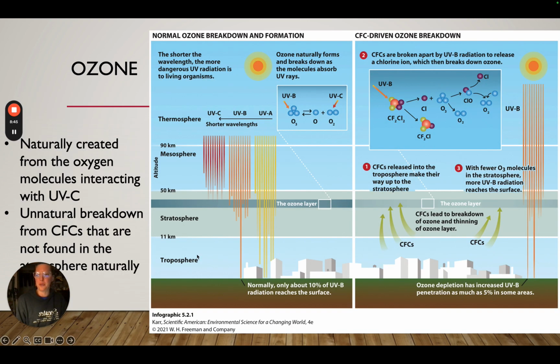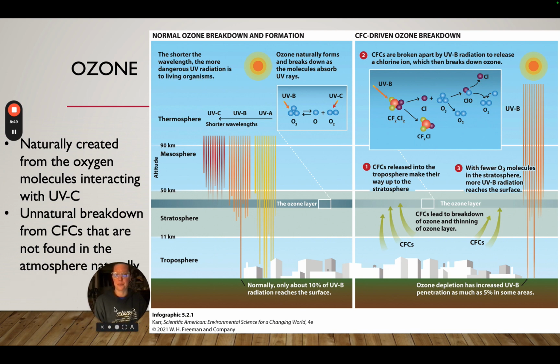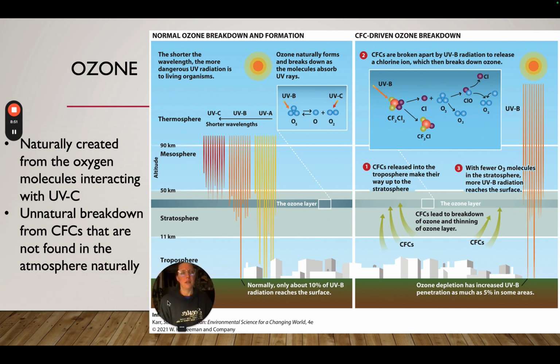Looking just a little bit further at the reaction that happens here of ozone in the stratosphere. So ozone is naturally created and destroyed in the stratosphere over time. And that's from the oxygen molecules interacting with UVC. So there's basically three main ultraviolet wavelengths that we consider.